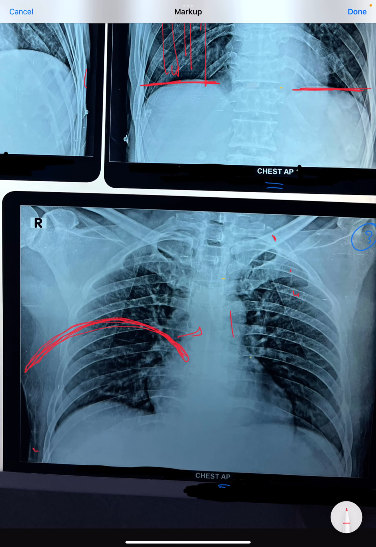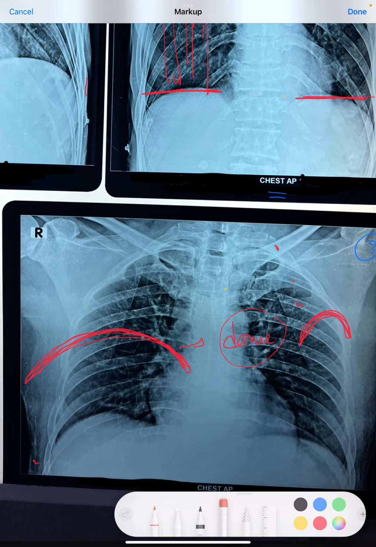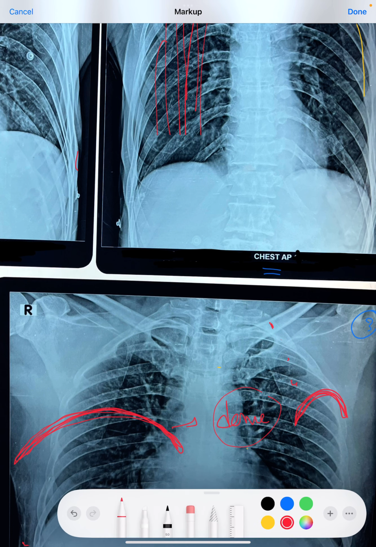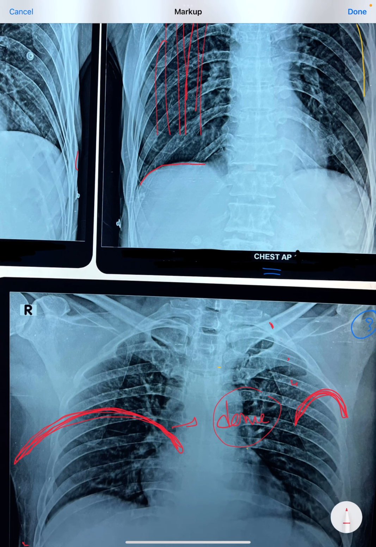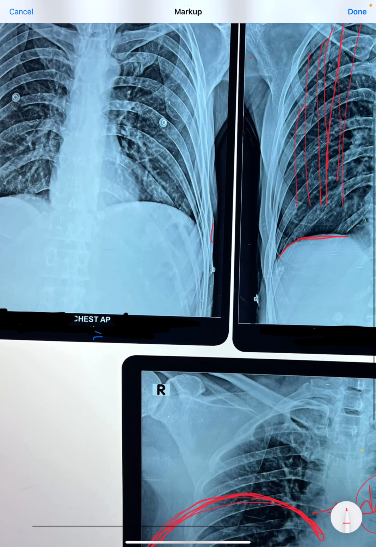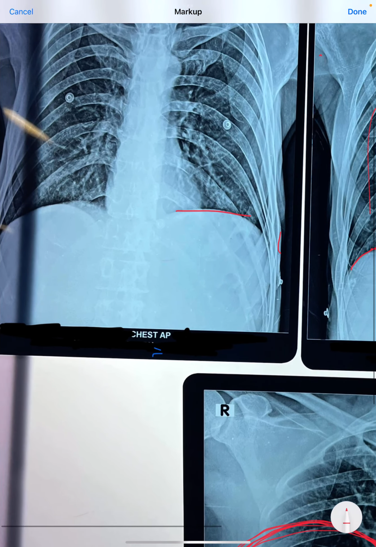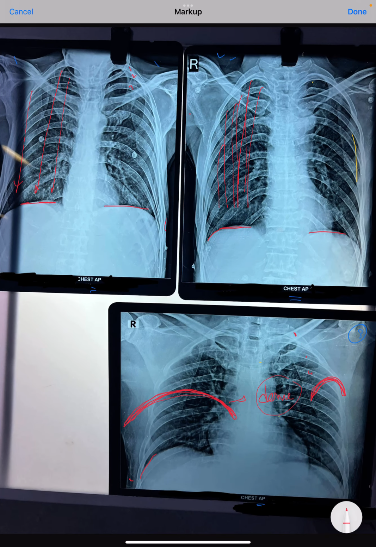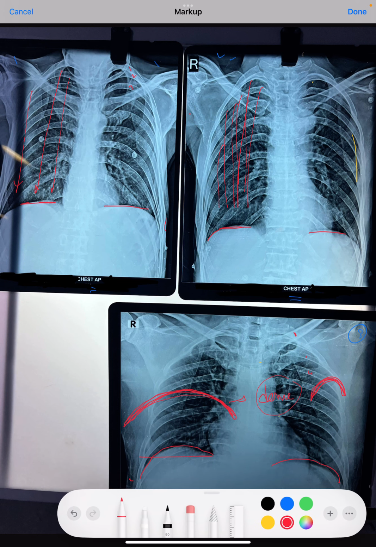This structure is called a dome because it is round or semicircular in shape. But here this is lost. Here it is more flat. This diaphragm dome is not of a dome shape, it is more of a flat shape. So this is almost flat, this is almost flat. Here also it is almost flat, and this is also almost flat. This flatness is all because of the hyperinflation of emphysema. Here the dome is very well preserved, there is no flatness. Here also the dome is very well preserved, there is no flatness.